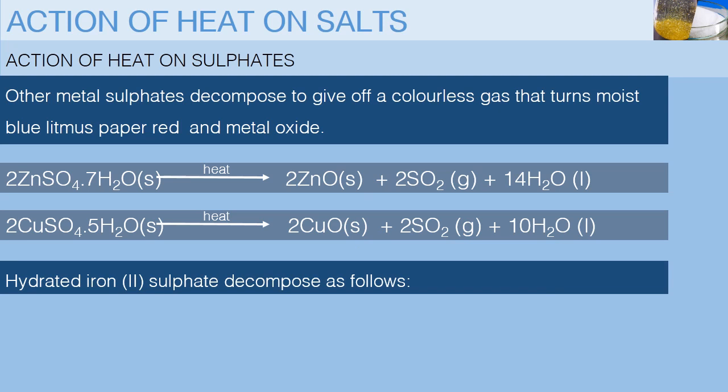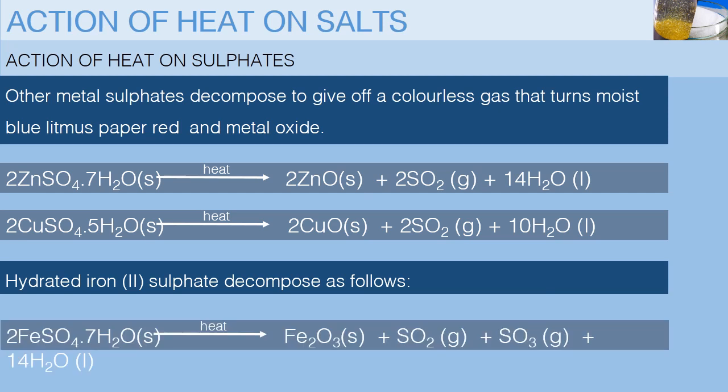Next, hydrated iron 2 sulfate decomposes in a unique way to form the following products. It decomposes to form iron 3 oxide, sulfur 4 oxide gas, sulfur 6 oxide gas, and the water of crystallization.